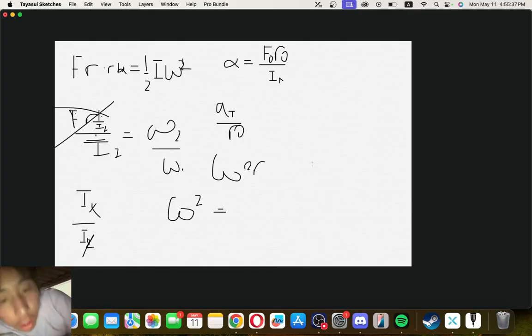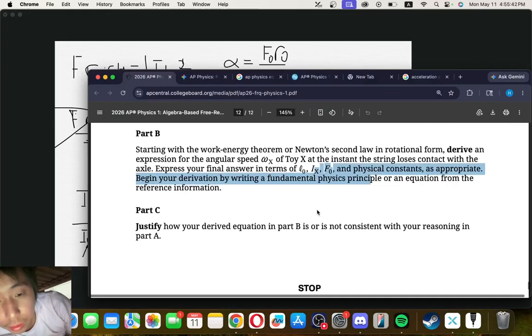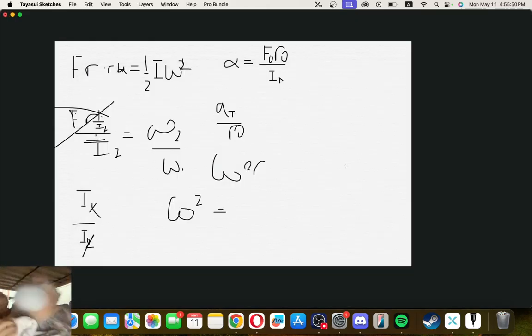Because it says derive omega after the string has been pulled, right? The instant the string loses contact. So the force should equal 0, no? Or am I done as hell, bro?